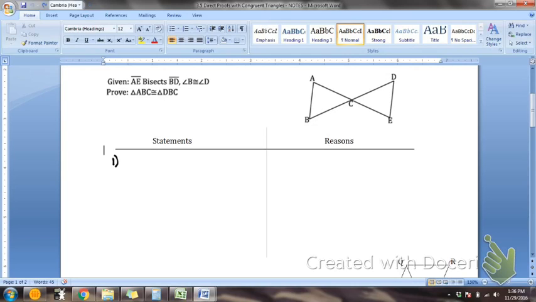So we're going to write down AE bisects BD, and we also know that angle B, you can write it underneath, is congruent to angle D. Does anyone remember from yesterday what the first reason always is? The given. Good, the given.